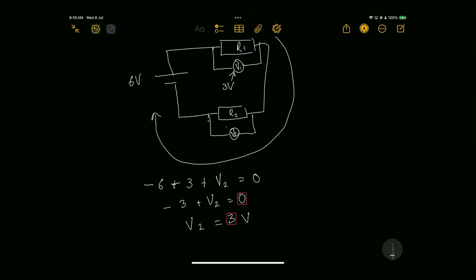So what is the definition of capacitance? The ratio of the magnitude of stored charge to potential difference.